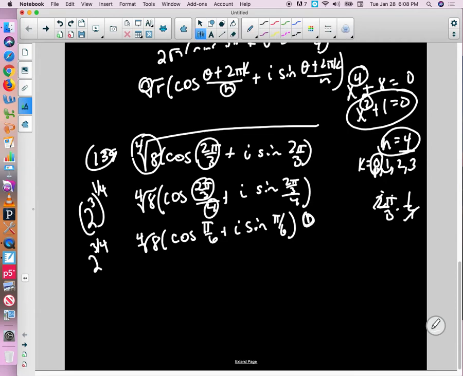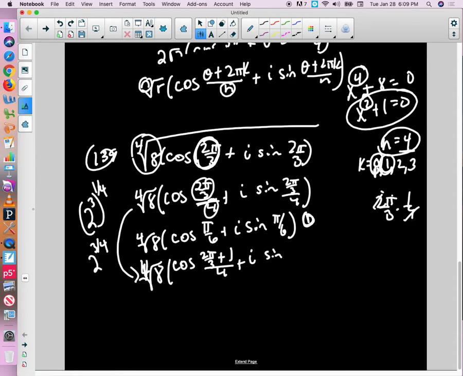In other words, I took my angle 2 pi over 3 that was given to me, and I divided it by 4. Now I'm going to move around a rotation from here. So I'm going to say the fourth root of 8 times the cosine of 2 pi over 3 plus 2 pi k.